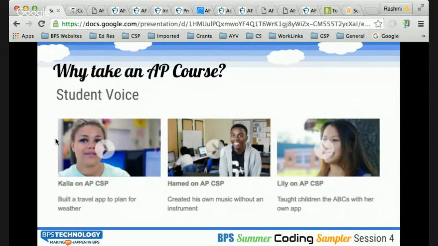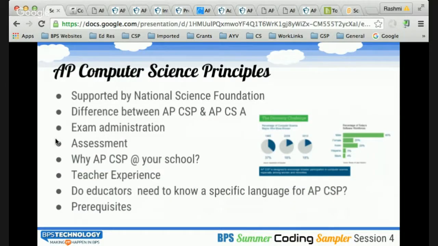So let's quickly take a look at the logistics, the nitty-gritty of AP Computer Science Principles. It is supported by the National Science Foundation and was agreed to be a course needed to increase the number of students interested and prepared for success in computer science, and of course other STEM fields. That was the overarching goal.